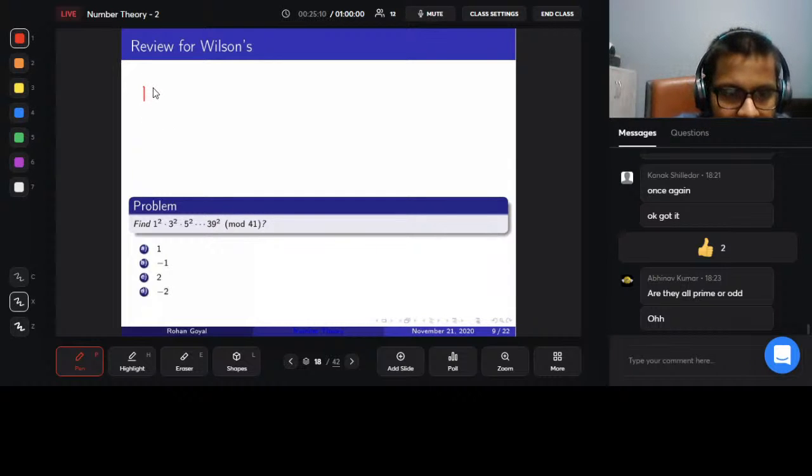So you can write 1 as 41 minus 40, equal minus 1 into minus 40. Similarly, 3 squared is equal to 3 into minus 38.